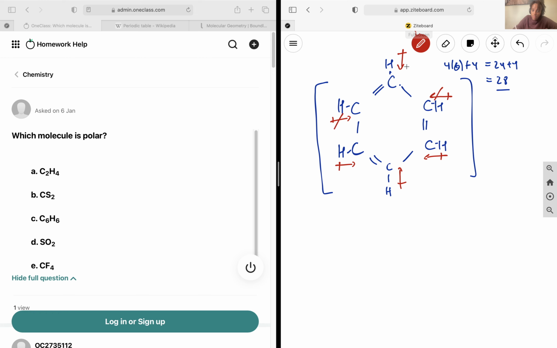And so this cancels this, this cancels this, this cancels this. And so due to the symmetry again, dipoles cancel. And so this is also non-polar.